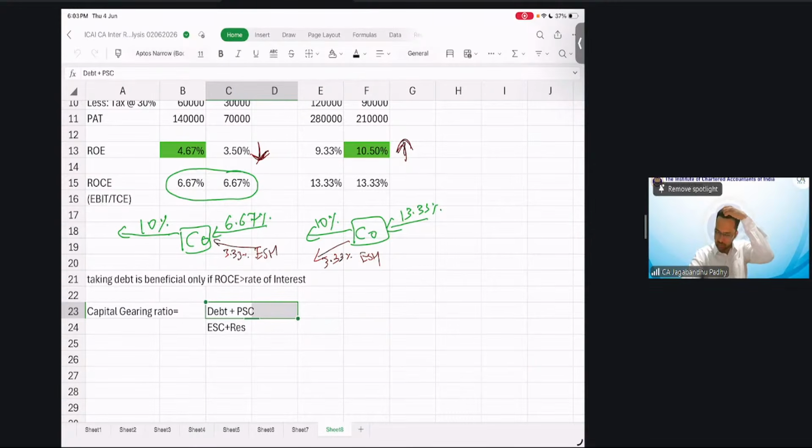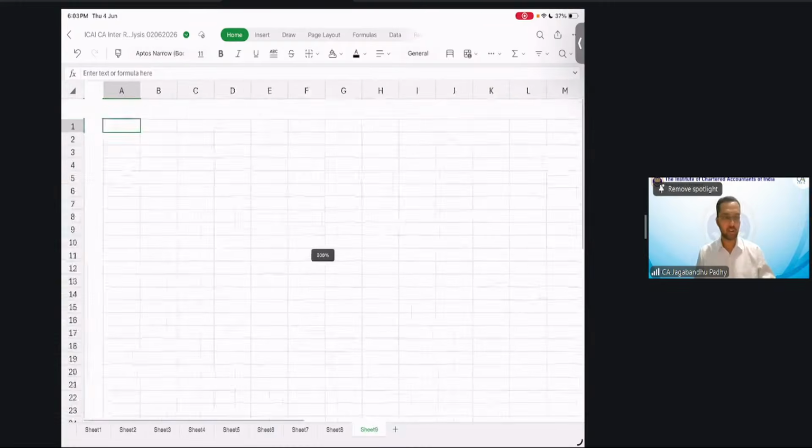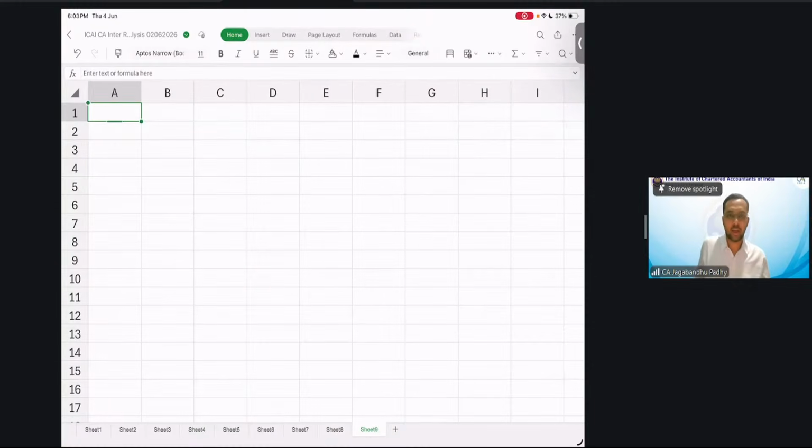Now, in this session, we are going to understand some more ratios, and then we will be able to start with the questions.